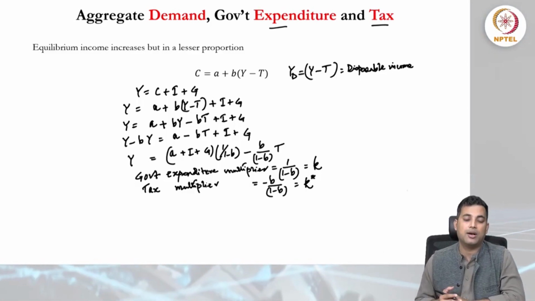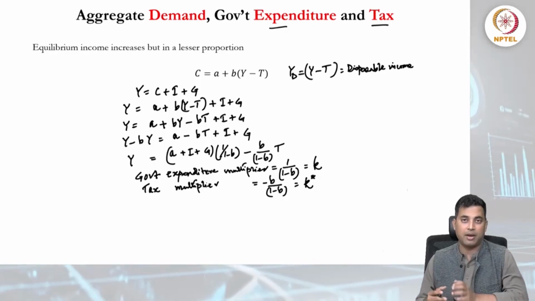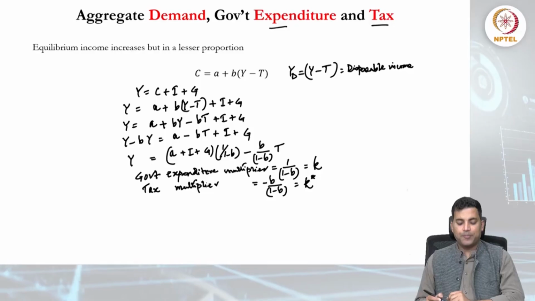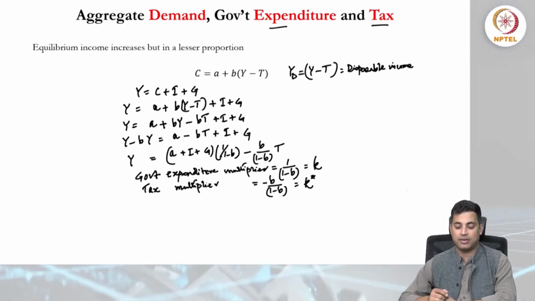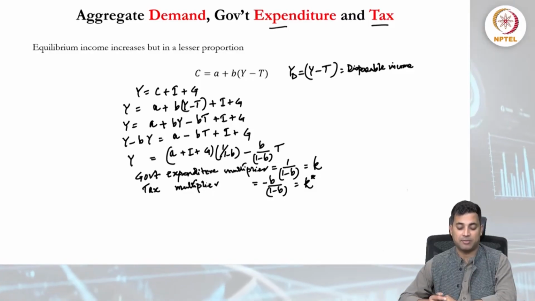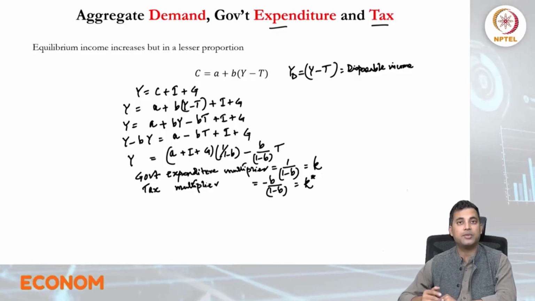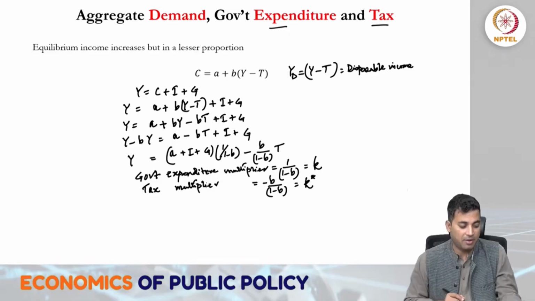So the government expenditure multiplier and the tax multiplier are connected. Here output is increased by k amount by the government multiplier, and reduced by k star amount by the tax multiplier.